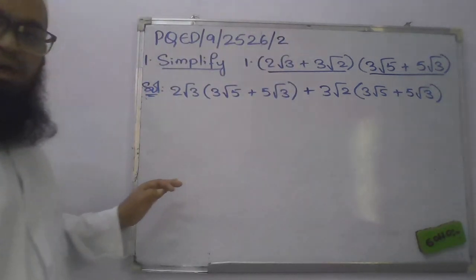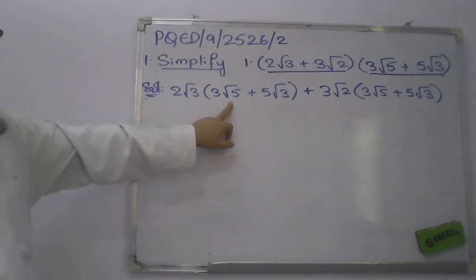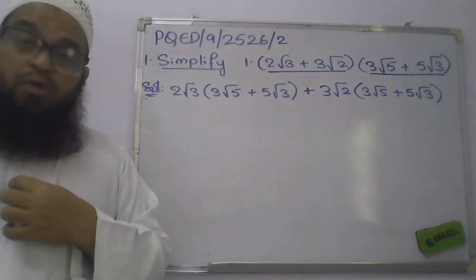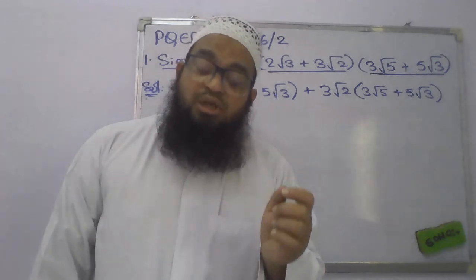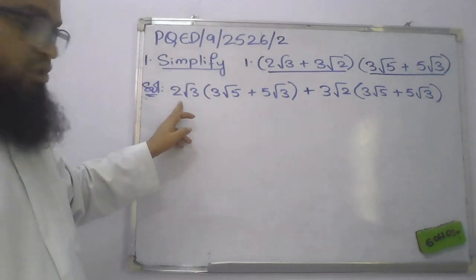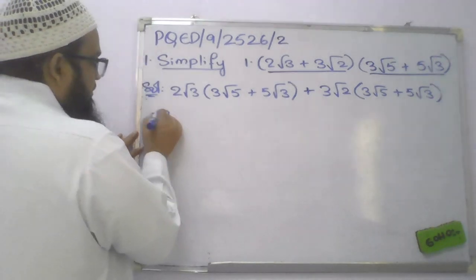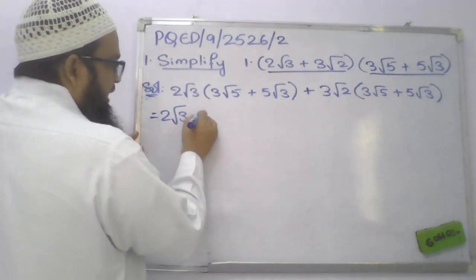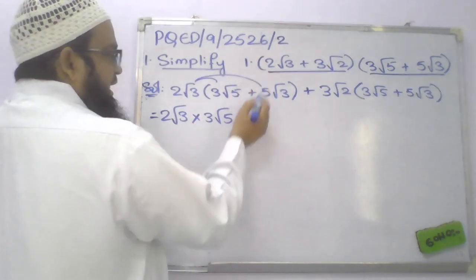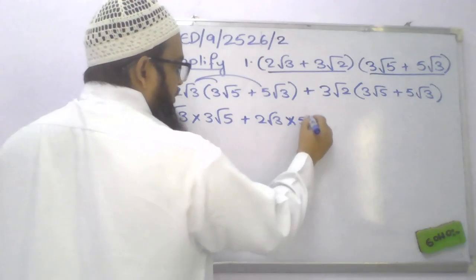Is it right? Now see, 2 root 3, you are multiplying to an expression 3 root 5 plus 5 root 3. So which property are we going to use? We have to use the distributive property of multiplication over addition. That means we have to distribute this term to both the terms of this expression. So that is equal to 2 root 3 times 3 root 5, and we are going to distribute to the second term also, that means 2 root 3 times 5 root 3.